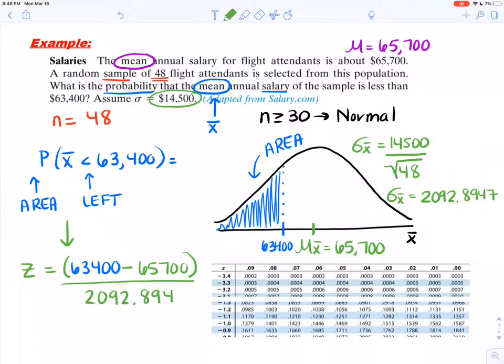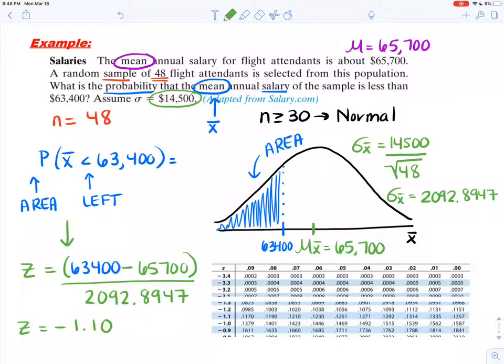It is sigma over the square root of n. Now, when we calculate z, we round it to 2 decimal places because we want to be able to take it to our table. So I'm looking at a z-score here of negative 1.10.